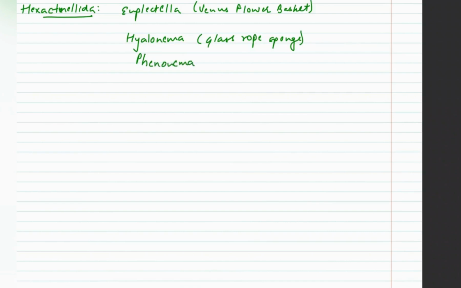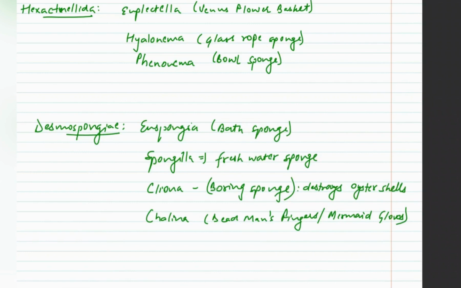In Demospongiae, we have examples such as Euspongia. Euspongia is also known as bath sponge. We have Spongilla. Spongilla, you have to remember that it is a freshwater sponge.